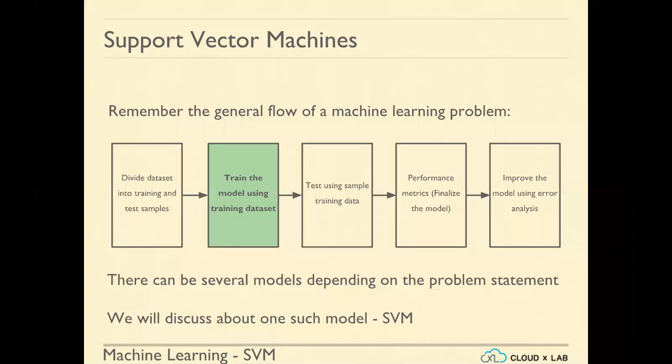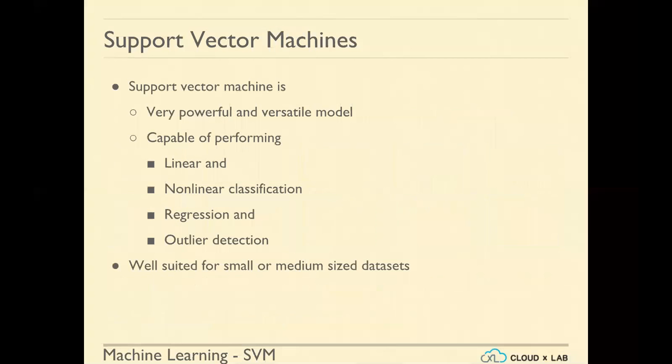There can be several models depending upon the problem statement, and one such model is SVM. The way we used linear regression to solve classification as well as regression problems, similarly, we could use support vector machines for both.